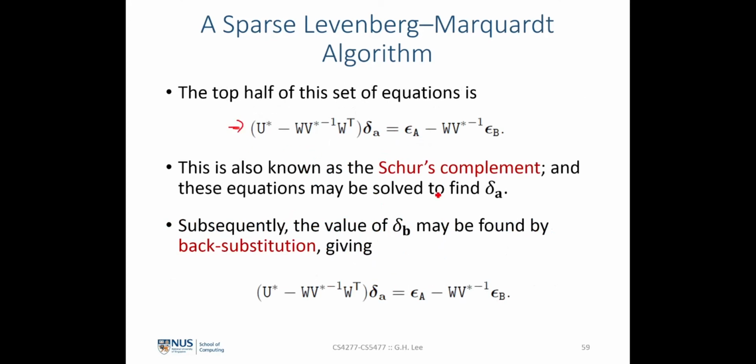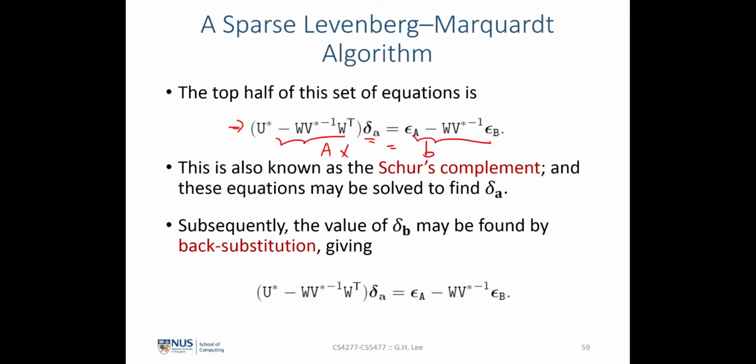And this is also known as the Schur's complement, which we can use to solve for a partial block of the parameters that we are interested in optimizing over. We can also see that this form of equation becomes an inhomogeneous linear equation, equivalent to Ax equals b. This whole block here is b, this block here is A, and delta A here becomes x.